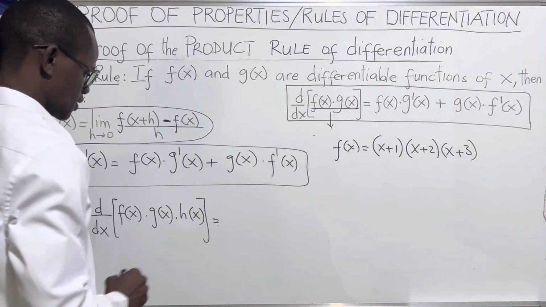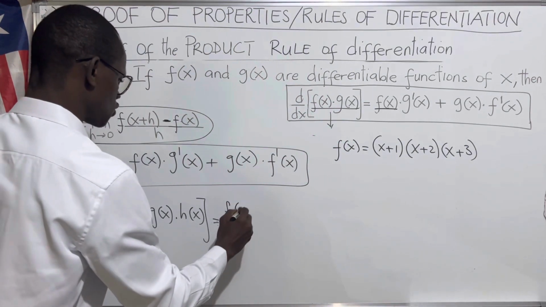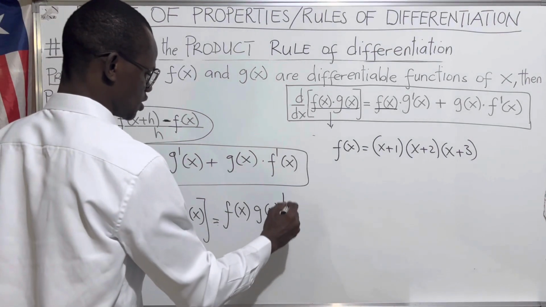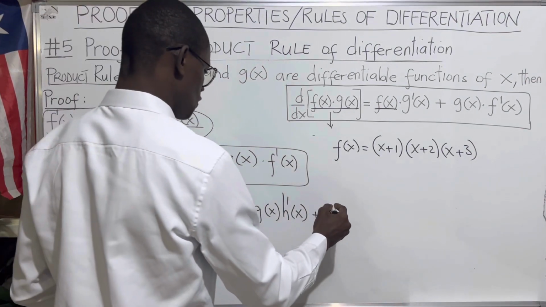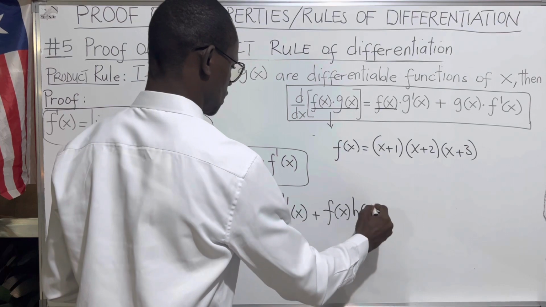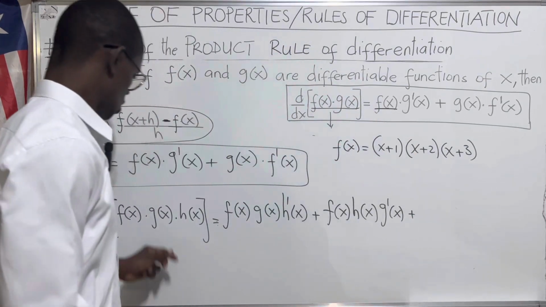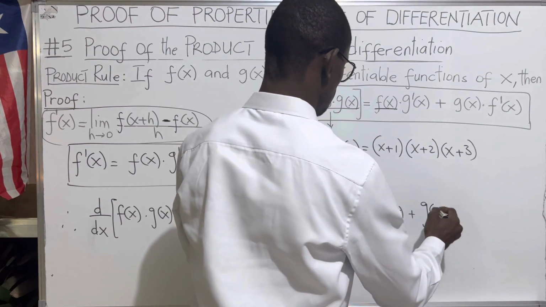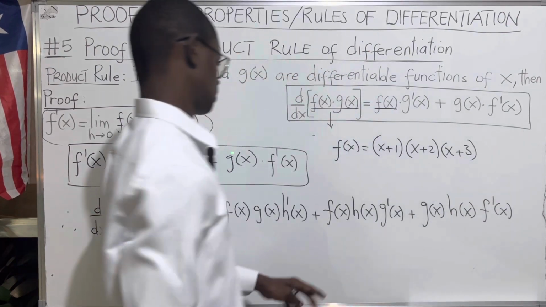So this now will give us, in this case, we hold two functions, f of x times g of x, and then you differentiate the last function, h prime of x, plus, in the next case, you hold another two functions, f of x, the first and the last, h of x, and you differentiate the second, g prime of x, plus, you hold another two functions. So we're holding g of x and h of x and differentiating f of x, so we get f prime of x.